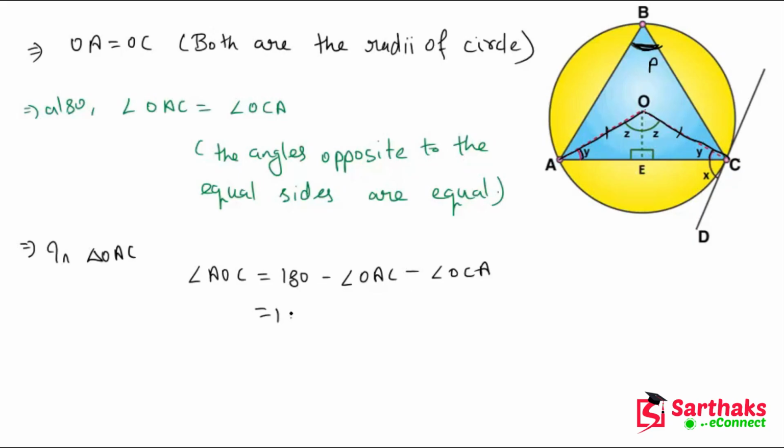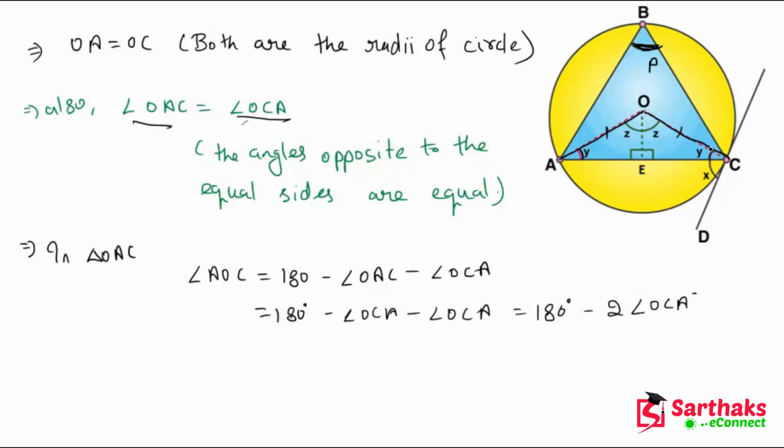Now 180 degrees minus, you can see that angle OAC is equal to angle OCA. So we can write angle OCA in place of angle OAC, minus angle OCA. So this will become 180 degrees minus twice angle OCA.